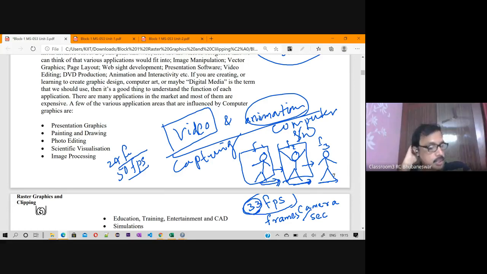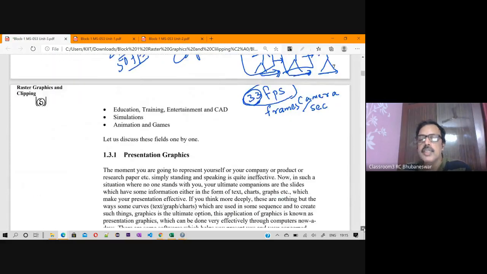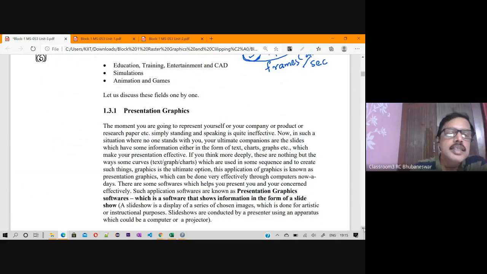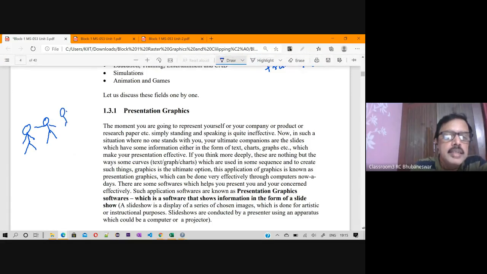Whenever you are watching a movie, it is actually a video. It is a combination of images. This is one image, this is another image, this is another image.